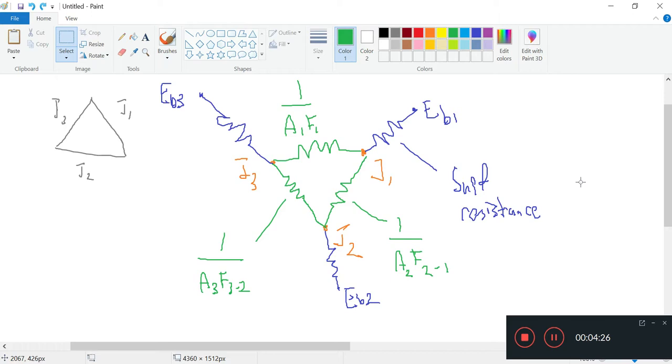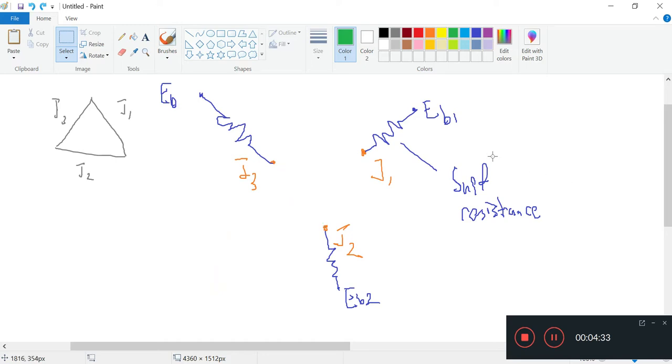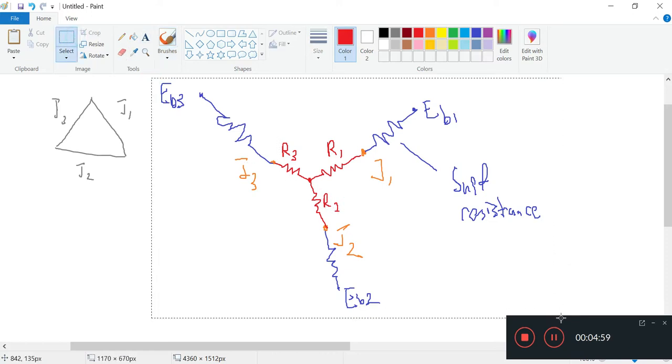Solution: we can of course change this into an equivalent network, which I will draw in a red color. Alright, I'm going to use a red color and draw it as such. Okay, so that's R3, R1 and R2.